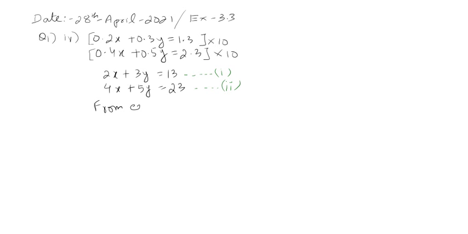Now from equation 1, I'll take out the value of x. So directly I'm writing x is equal to (13 minus 3y) upon 2. You can also write it directly, there is no problem if you know how to do it. How I have done it directly, I'll explain here. First I am transferring this 3y, so 2x is equal to 13 minus 3y, and in the next stage I am transferring the 2.